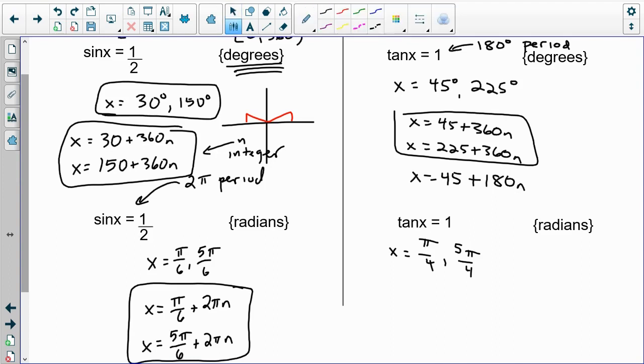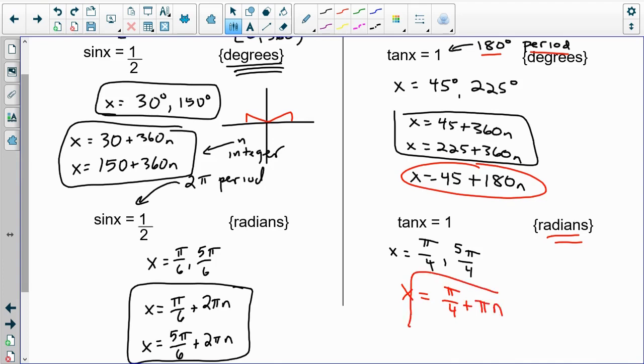And that makes sense because the period is 180 degrees. So if I were writing tangent of x equals 1 in radians, where I get all radians possible ever, I would say pi over 4 plus pi n, where n is an integer. And that is a terrible box.